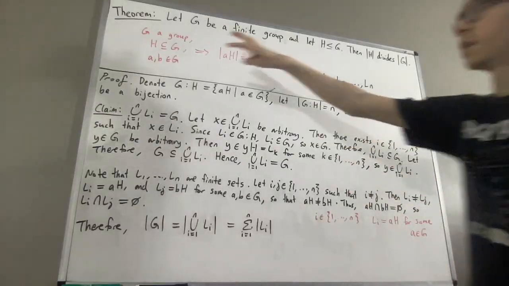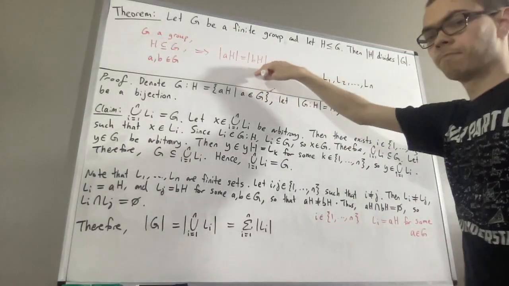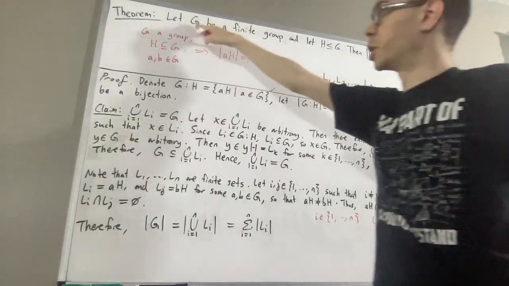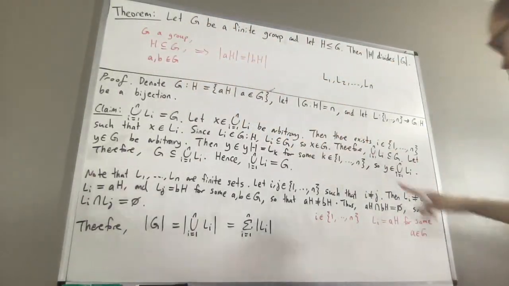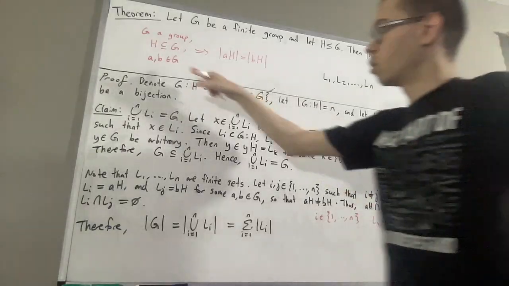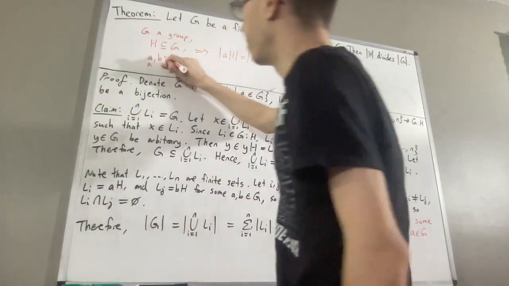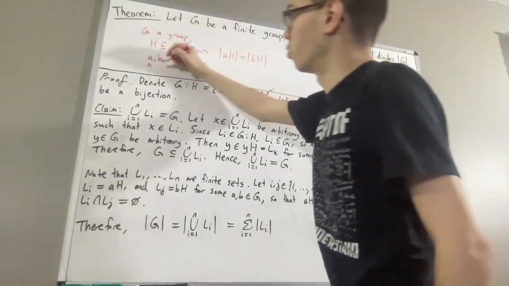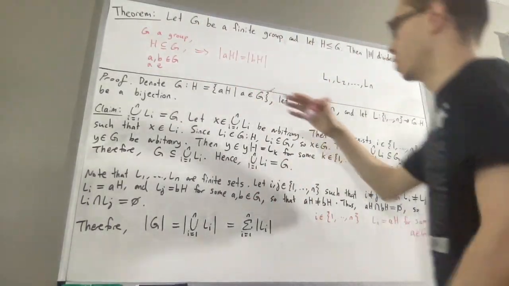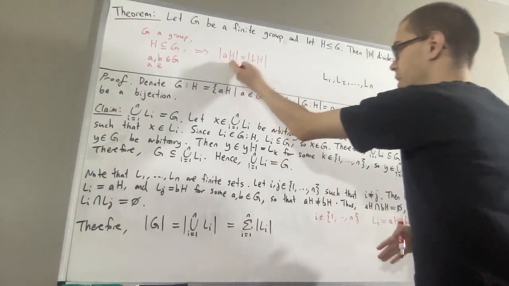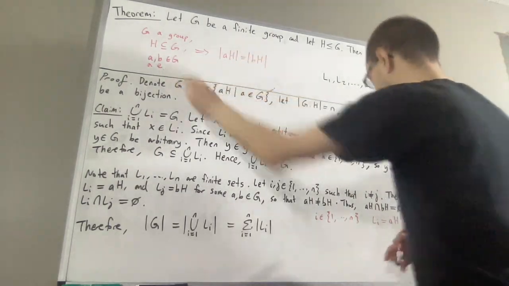But now we apply this result, right? In this case, G is a group, H is a subset of G. We're going to take A to be the A we have here. We're going to take B to be the identity element of our group, so E. So in that case, we can conclude that the cardinality of AH is equal to the cardinality of EH.